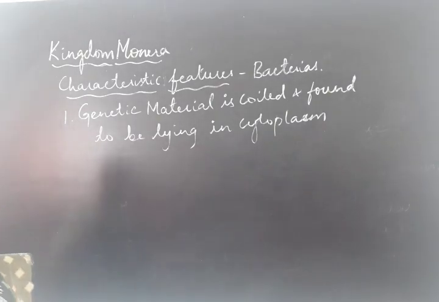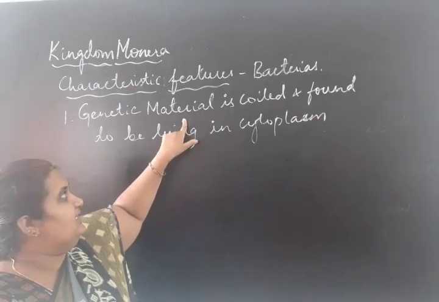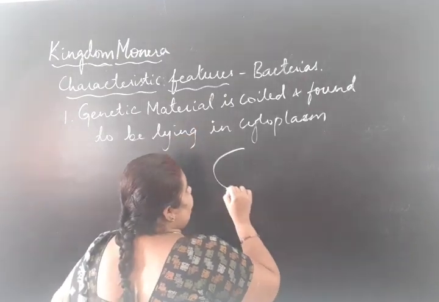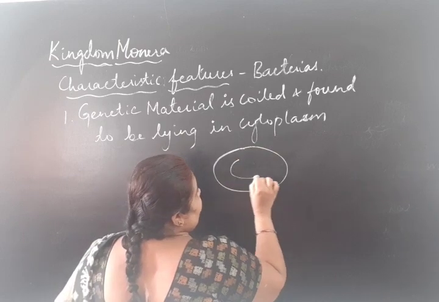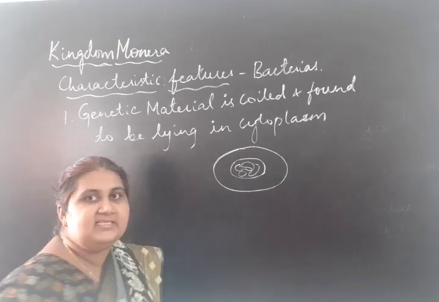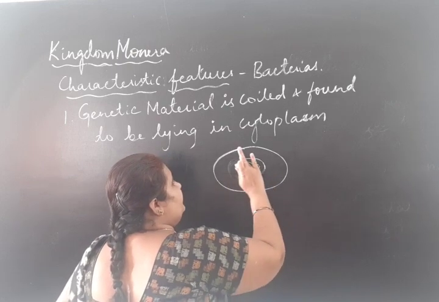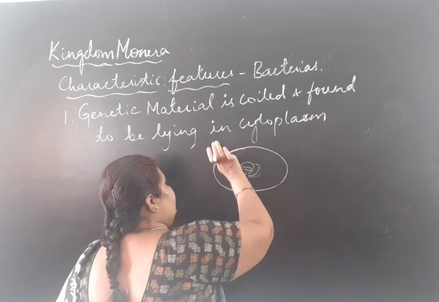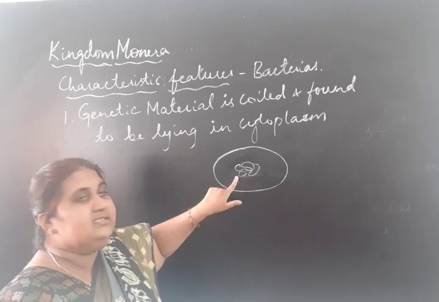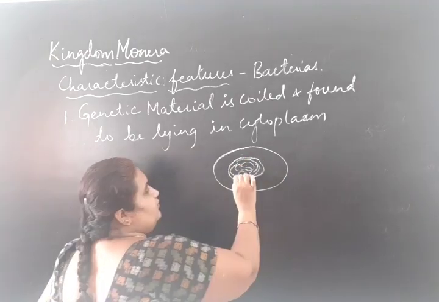So it is an important feature of all bacteria. The genetic material is either DNA or RNA. In eukaryotic cells, there is a nucleus in which the genetic material is found. But in the prokaryotic organisms, pro means primitive, karyon means nucleus. So in bacteria we find a primitive type of nucleus where the genetic material is found to be lying where?